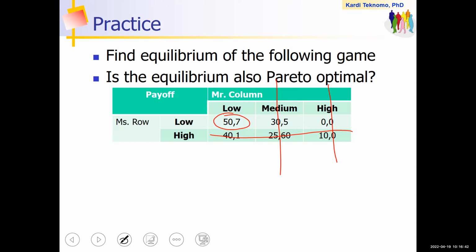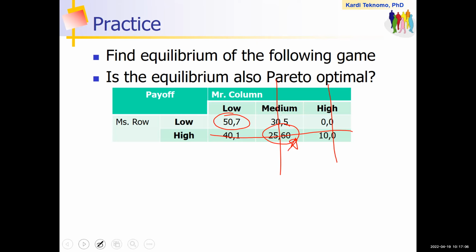Okay, so what is the Pareto optimal? This is 57, that is, the highest is high medium, right? This is the highest, is that correct? So this is supposed to be the Pareto optimal, but the equilibrium is not the same.